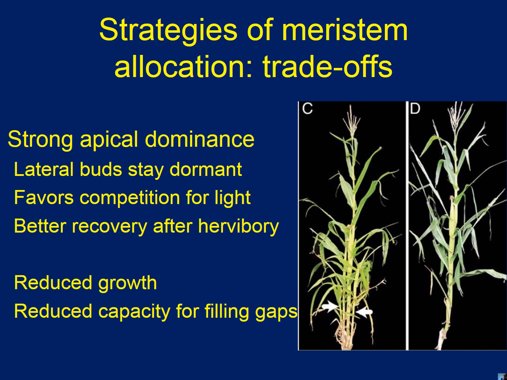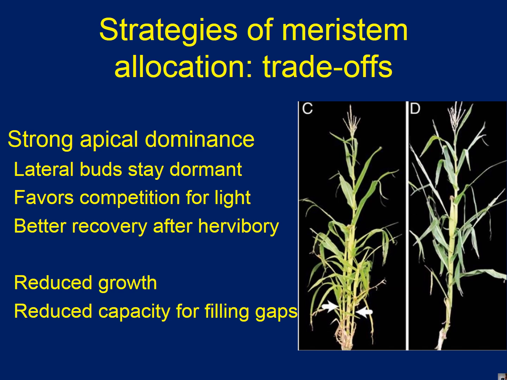For instance, the strong apical dominance, and we see here in the picture on the left a maize plant with different stems from the base, with tillering properties, as compared to a modern maize plant with a single stem and a single cob. If we have a strong apical dominance, which would be the case of this modern maize plant, the lateral buds stay dormant, so no branching occurs.